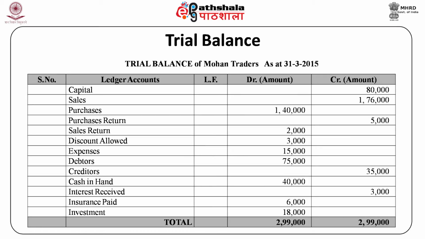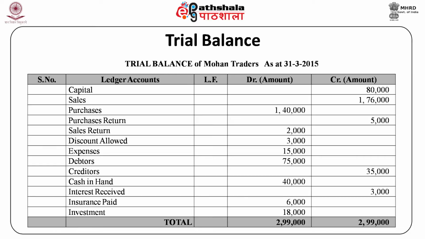Solution. Trial balance of Mohan Traders as at 31/3/2015. Serial number, ledger accounts, ledger folio, debit amount, credit amount. 1. Capital, credit side 80,000. 2. Sales, credit side 1,76,000. 3. Purchases, debit side 1,40,000. Purchases return, credit side 5,000.